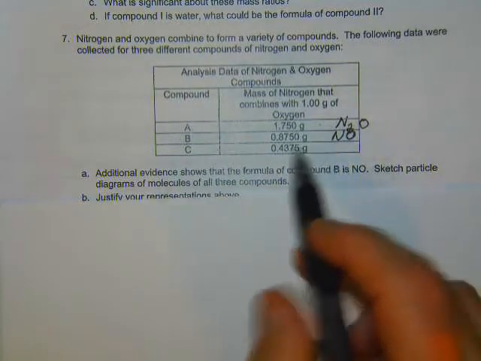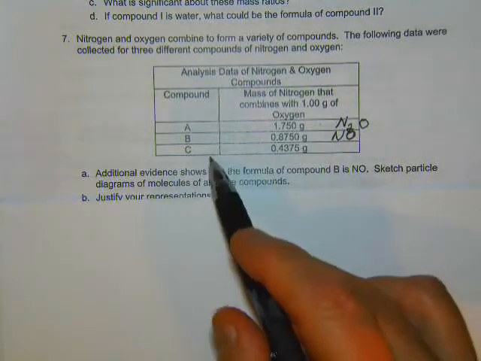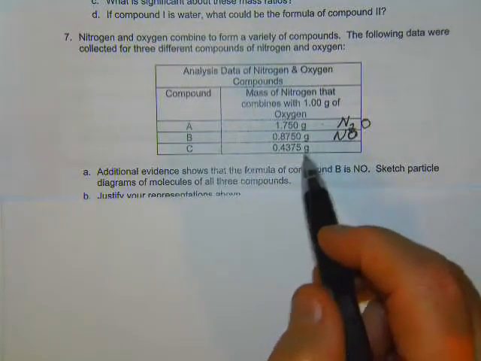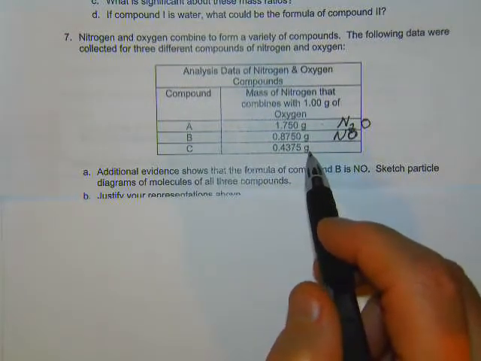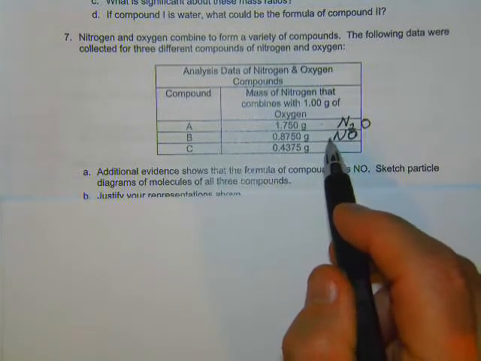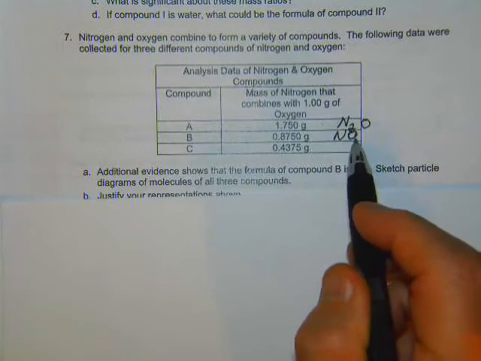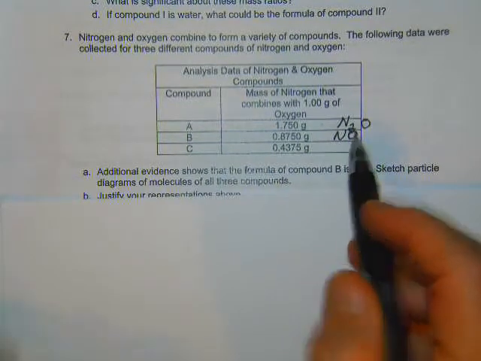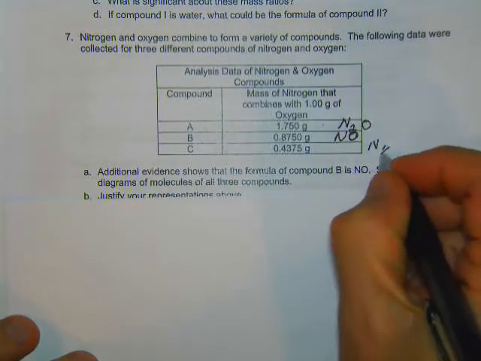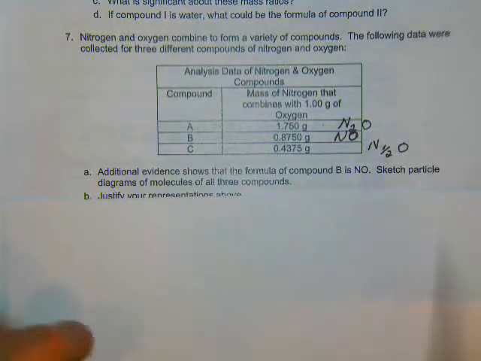Well, let's look at letter C here. Again, we're looking at nitrogen. It looks like nitrogen is 1/2 of the oxygen. Well, we can't write 1/2 O. You like to work in whole numbers here.